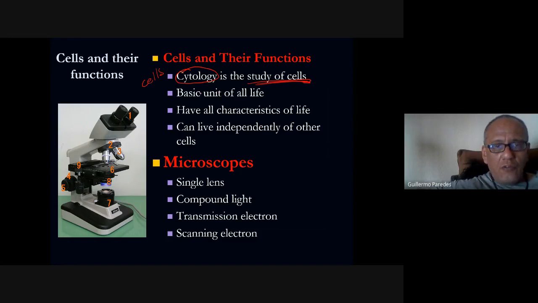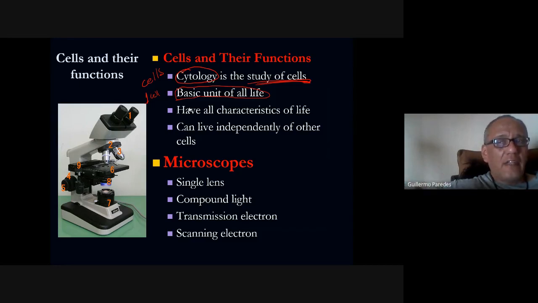A cell, one cell, is the basic unit of life. Remember, we were talking about the functional unit. A cell is basically the functional unit because, as a person, you eat, you drink, you pee, you poo, you breathe, you reproduce, you grow, and you die.